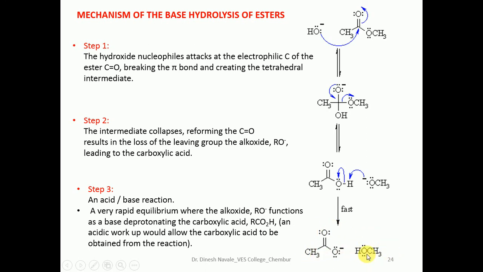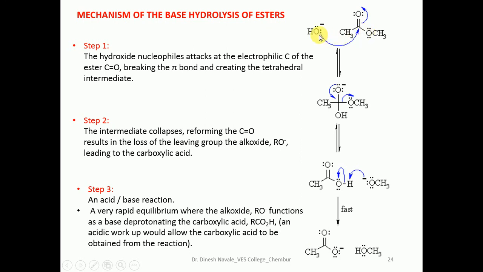Then how can we easily confirm that this base catalyzed reaction is carried out by the BAC2 mechanism? B stands for what? Base. AC stands for what? Breaking of the acyl oxygen bond. Suppose the oxygen of the hydroxide ion is labeled oxygen 18. If this oxygen 18 becomes part of the carboxylate ion, that indicates there is breaking of the acyl oxygen bond.